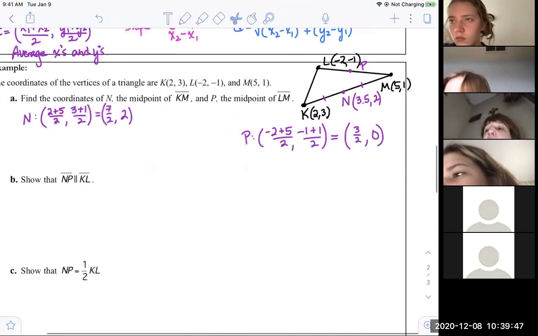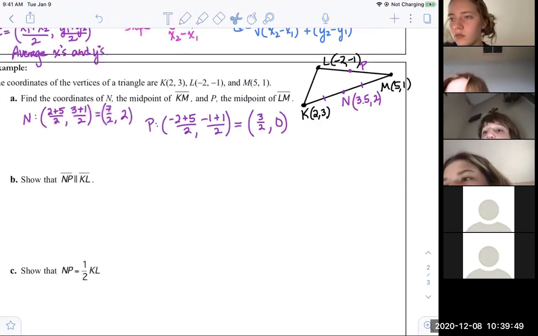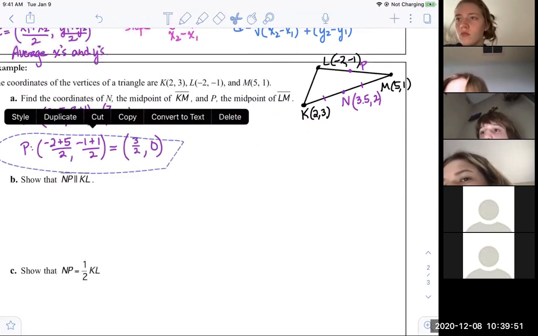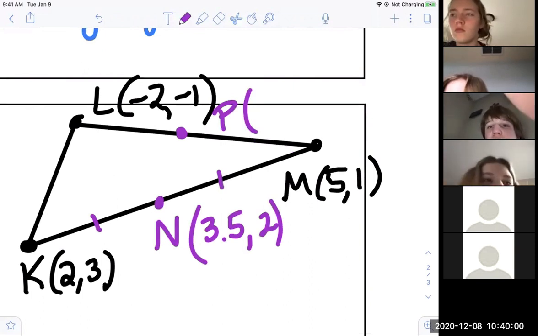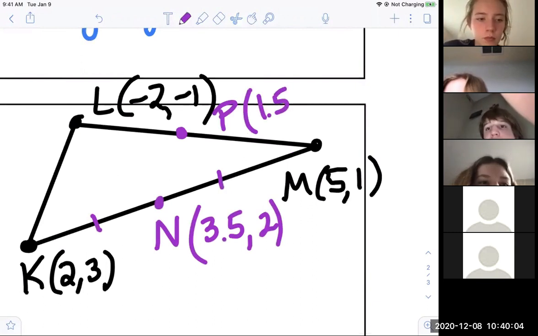Okay, and again, if you want to write that as a decimal, that's fine. What is 3/2 as a decimal? 1.5. So 1.5 comma 0.